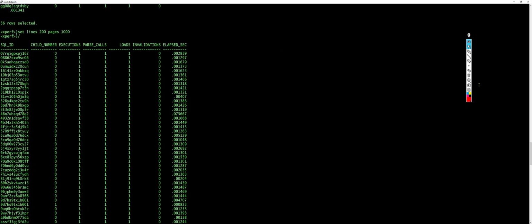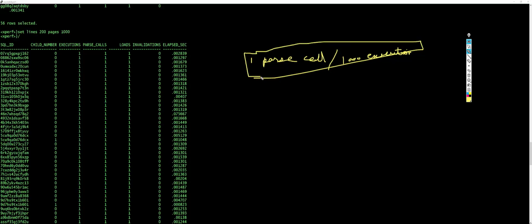Always remember, one parse call per multiple executions, say 1000 executions, is efficient. Whenever PL/SQL statements are used, we may see this kind of ratio.